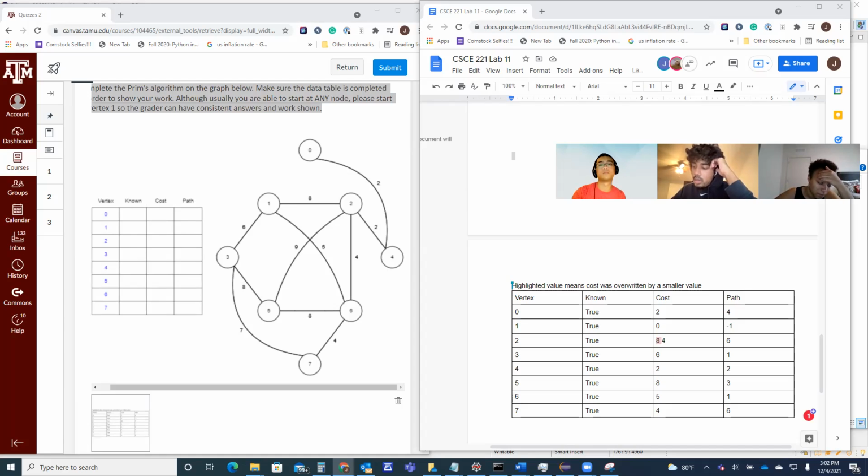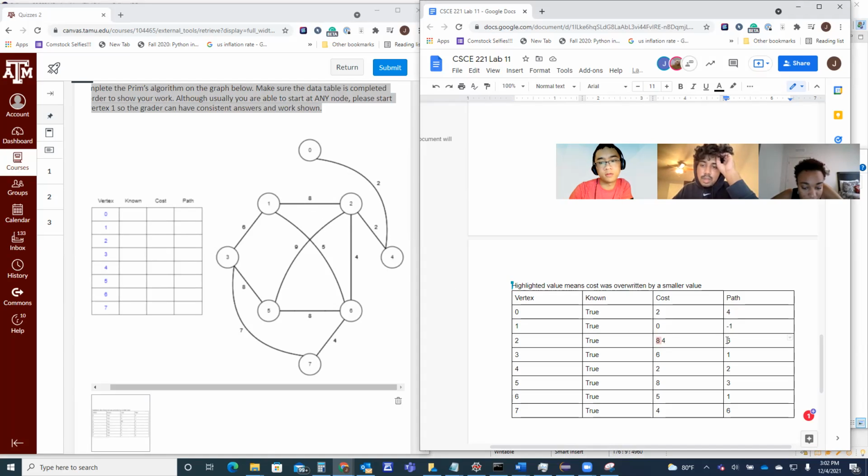I found one error already. For row 2, before the 6, we should have the 1, which should be highlighted in red, because the old cost was 8. We should have the old path in there too, like on the 3rd column. I'm doing mine in Excel, so we'll see how long this takes. So do you want to cross out 1 from the path?